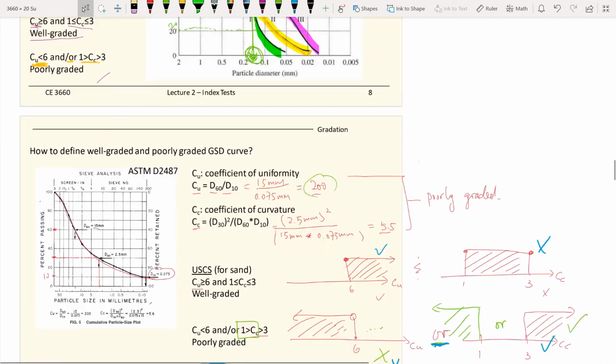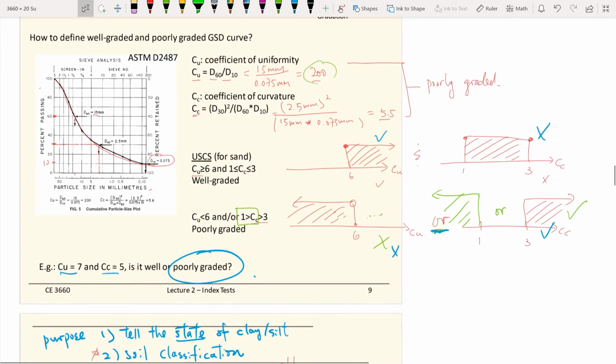So if we go back to this chart now, in order to be well graded, you need to fulfill these conditions. And in order to be poorly graded, you need to fulfill these conditions.